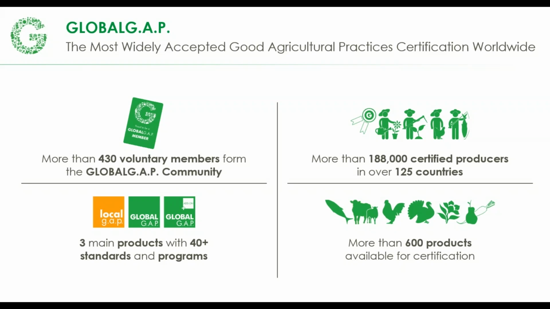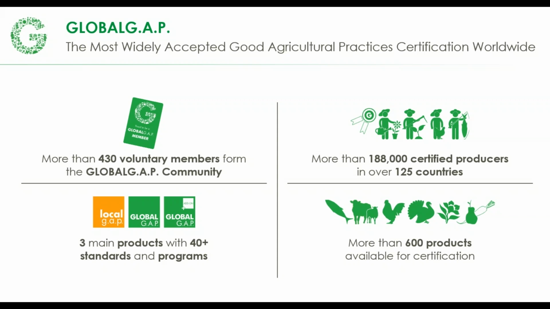A snapshot of our organization is that we are a membership-driven organization: producer members, supplier members, and all kinds of associate members that support the supply chains of these GAP certified products. There are more than 430 members currently. We have close to 200,000 certified producers at this time in over 125 countries.